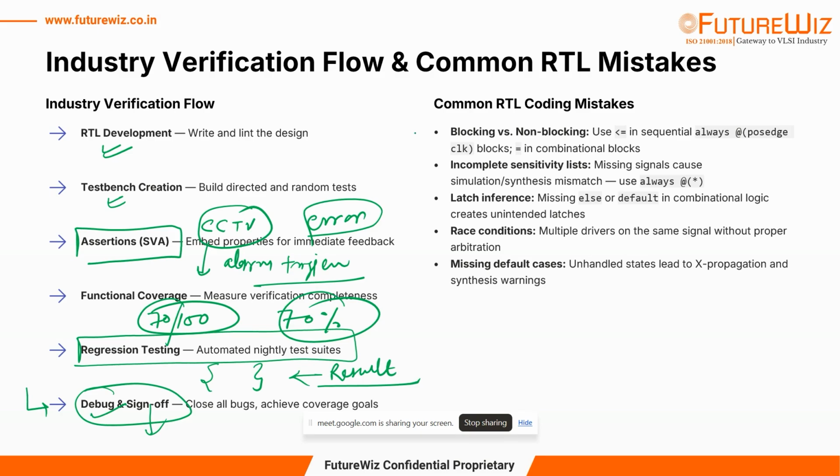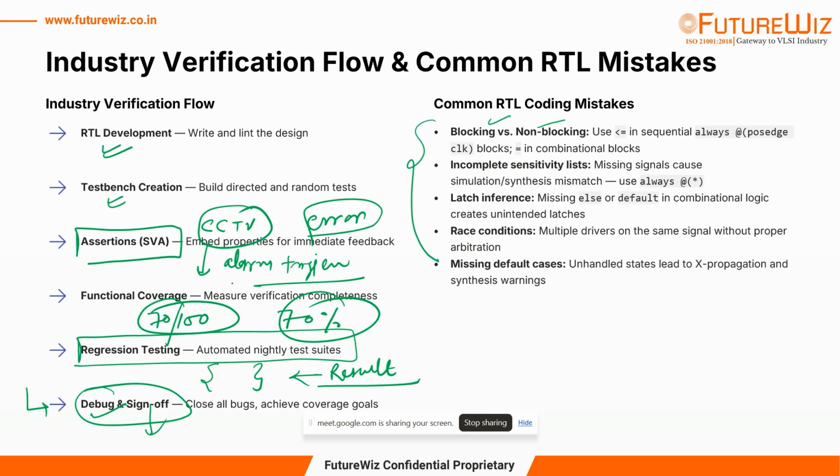These are the basic mistakes they can make while writing the code: blocking and non-blocking assignment, incomplete sensitivity list. Let's say I'm not putting the selection line in the sensitivity list. The output is not only dependent upon A and B, it is also dependent upon the selection line, so definitely it will give you an error.